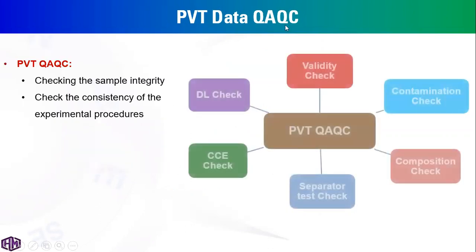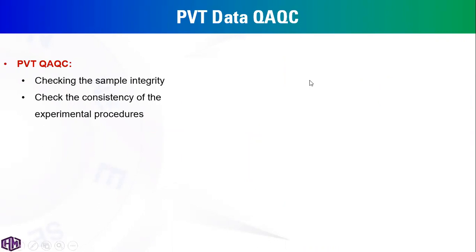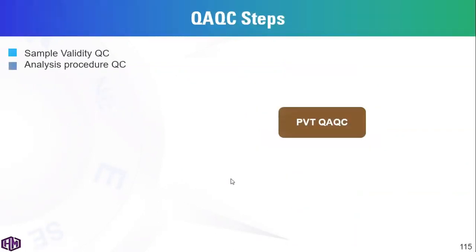So the general PVT QC workflow is to check the sample integrity and then check the consistency of lab experiments. The first step is the validity check and contamination check, to ensure the sample is not contaminated with oil-based mud. Then a composition check using, let's say, the Hoffman plot, a separator test check, and then CCE and differential liberation checks.